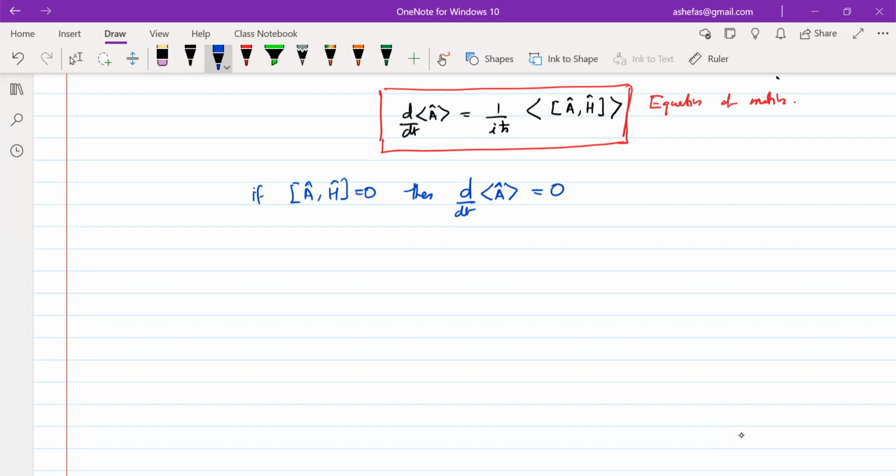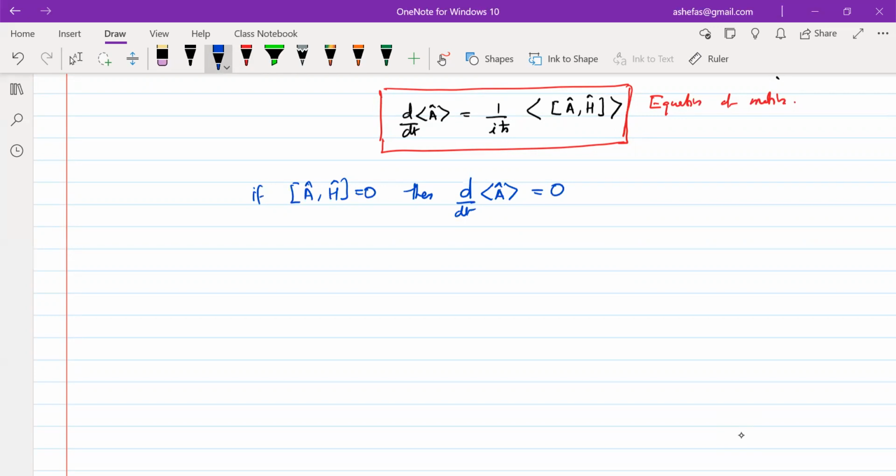That is, the expectation value of the operator would be constant if that operator commutes with the Hamiltonian. Such quantities, which are constant in time, are called conserved quantities.